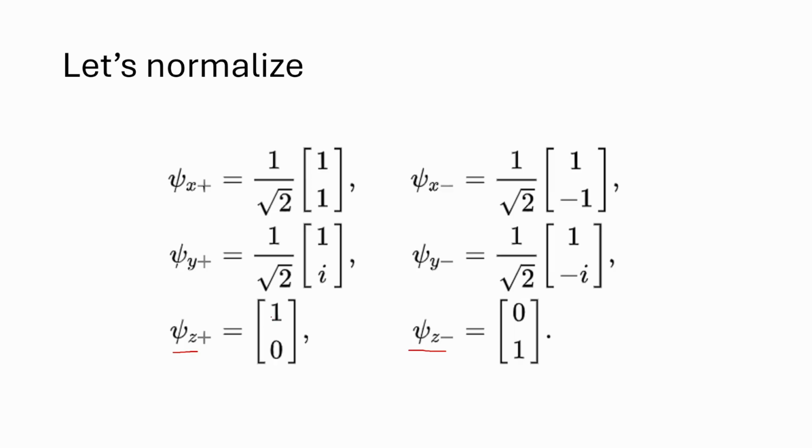That means that when the electron has spin up in the z direction, it is not in a superposition state. It only has one single spin value, and that spin is exact and uniquely resolved. And that is different from these x and y things, which are superposition states.